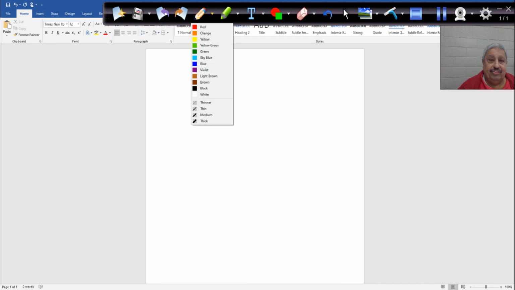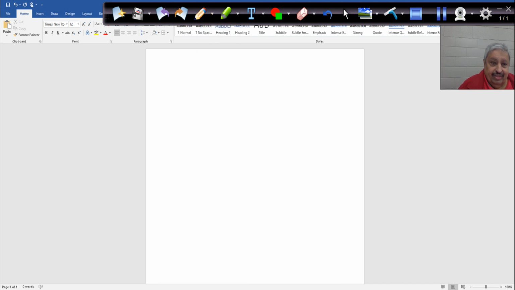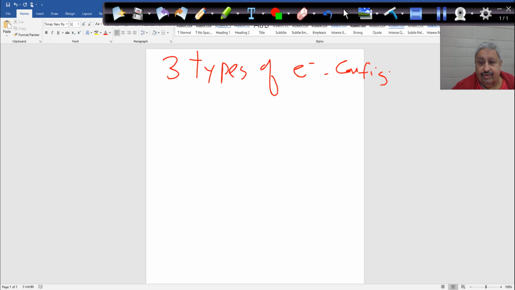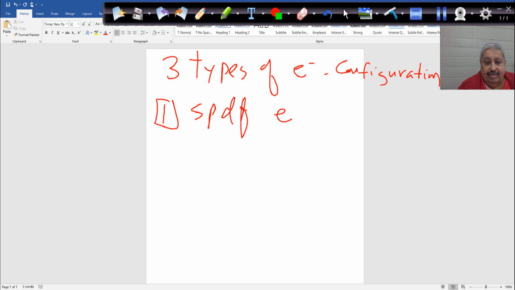Now we have 3 types of electron configuration. So the first one is called SPDF electron config.